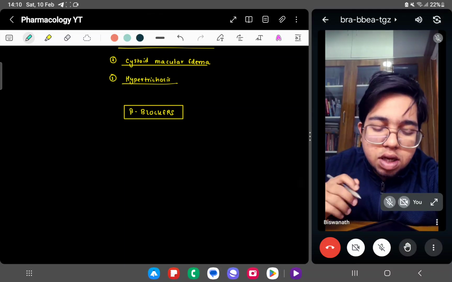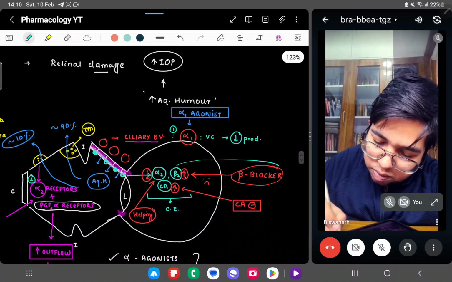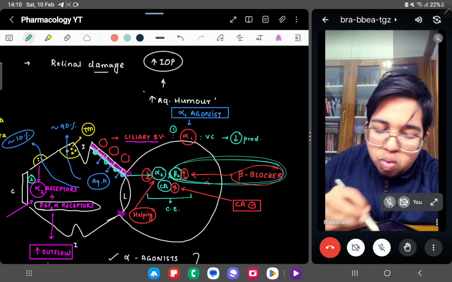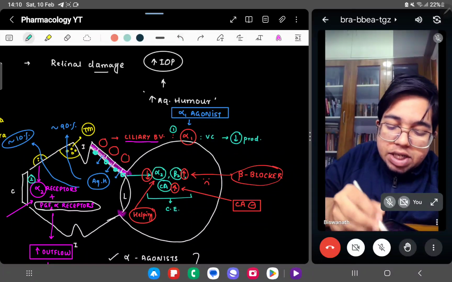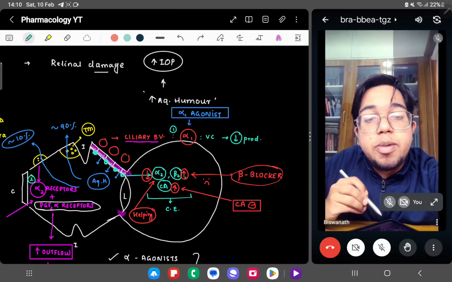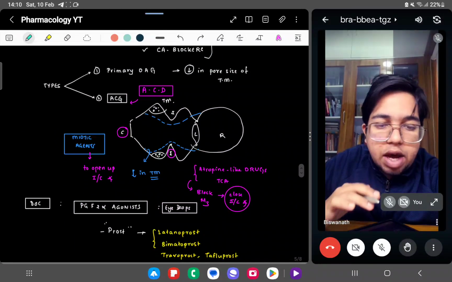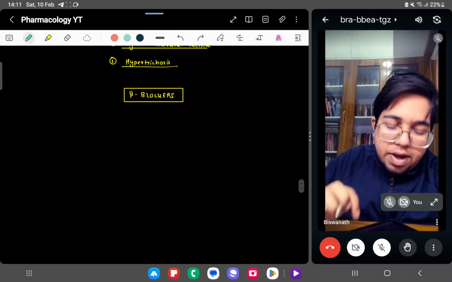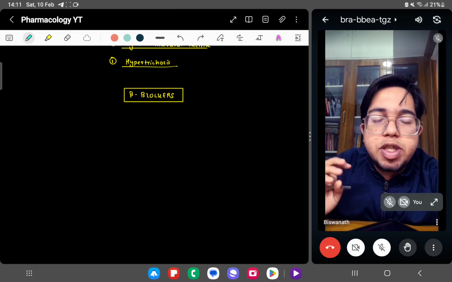Beta blockers will block the action of the beta 2 receptor, and if they block the action of the beta 2 receptor in the ciliary blood vessels, there will be decreased production of aqueous humor. So the beta blockers reduce the aqueous secretion from your ciliary epithelium.